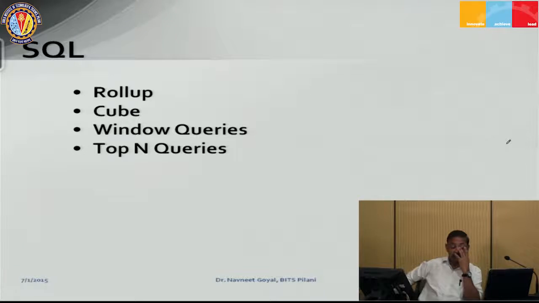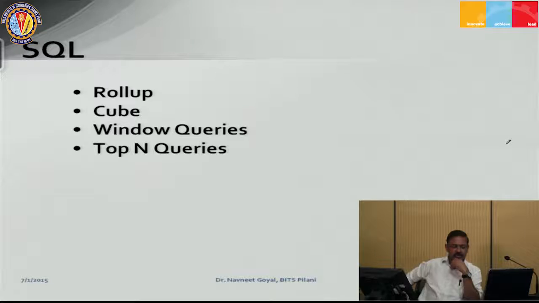Top-n queries are basically used for, for example, finding out the top 5 selling products, or finding out the least 10 selling products in your company, right? So how to do that efficiently, not in the brute force manner? We'll look at all this.